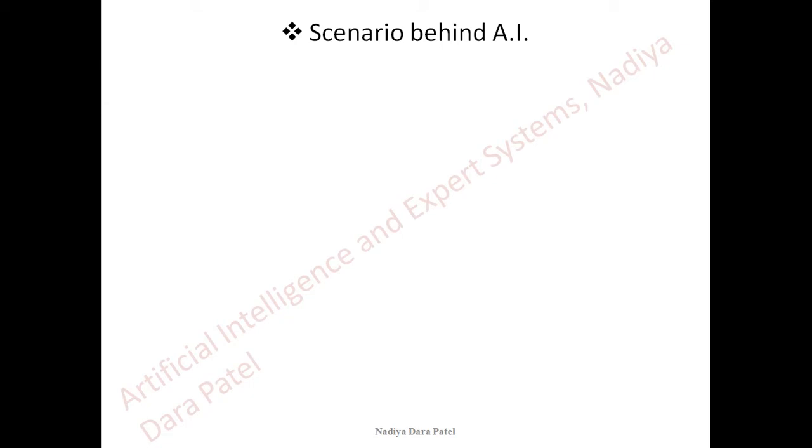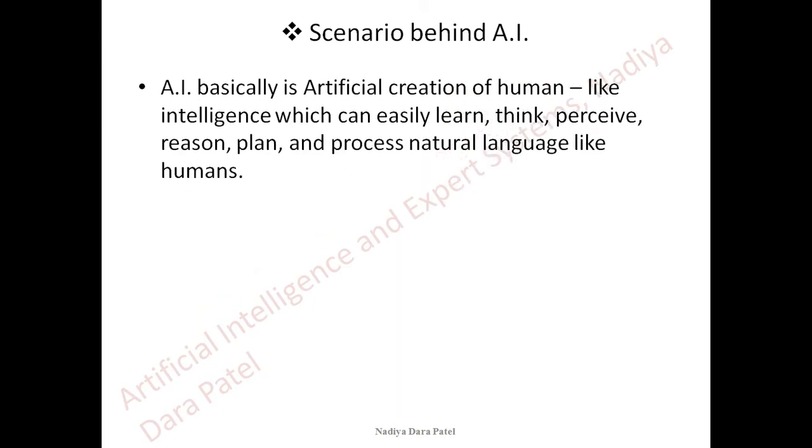By far we have understood that artificial intelligence is about making intelligent machines, or giving the capability of human intelligence to devices, software or machines. This is what we have understood on the basis of definitions and some of the concepts.